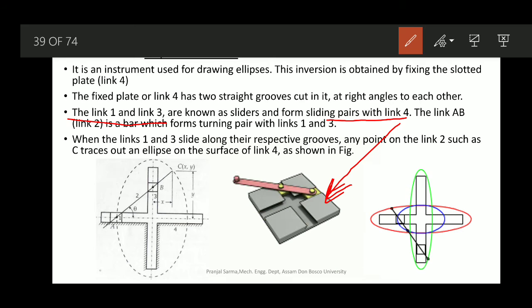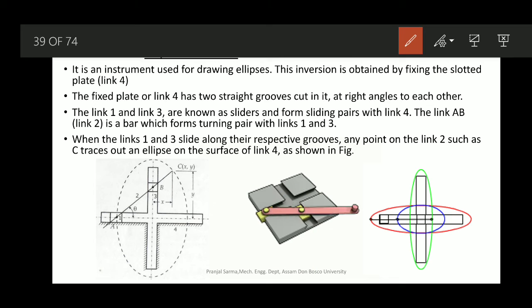And this particular bar, the link AB, is in the form of a bar and it forms turning pairs with link 1 and link 3. That means along with the sliders you can see pin joints in the bar and in the sliders, so it forms turning pairs with sliders 1 and 3.